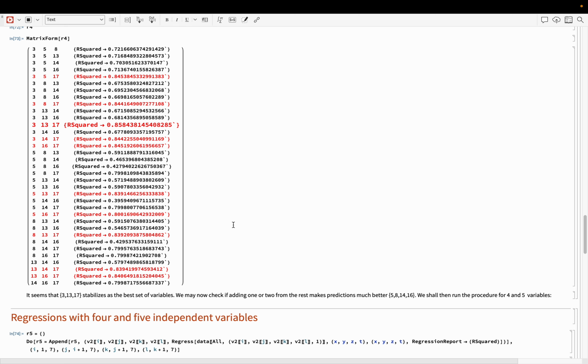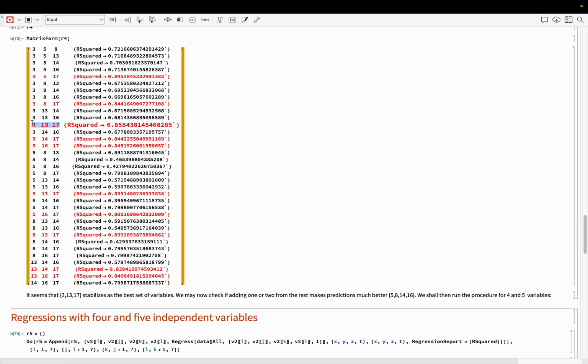I have chosen only 7 from previously 11 variables, and I have three independent variables in my regression model. And again, we see that definitely 3, 13, 17, this is the best set.